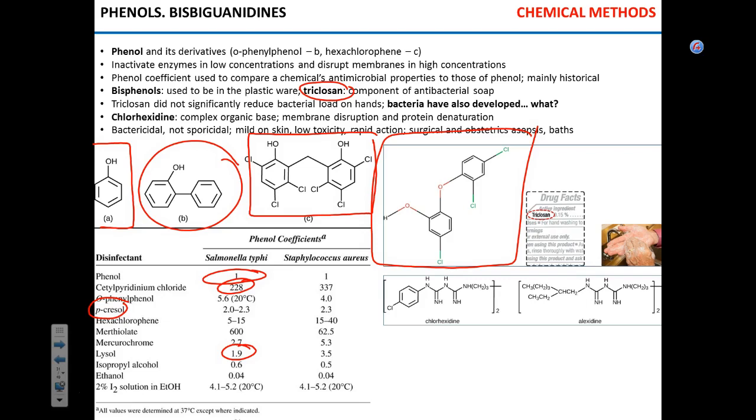Now, there were claims that triclosan was toxic. Look, I can kill a person with sodium chloride. I can kill a person with table salt. Depends on the dose. Does that make sense?